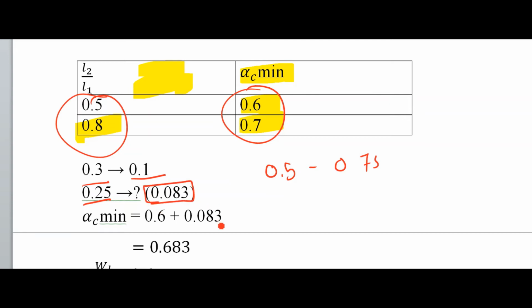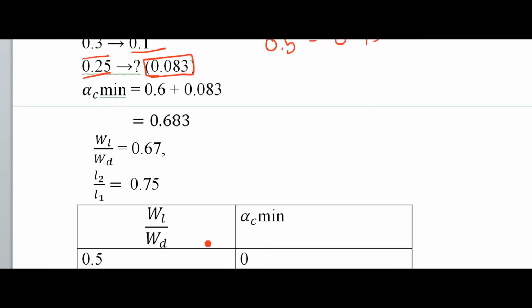So alpha C minimum for 0.75 is 0.683, right? So which chart do we find out? We have to find this, okay, 0.5 and 1. For 0.75, we have a value of 0, and here 0.683.